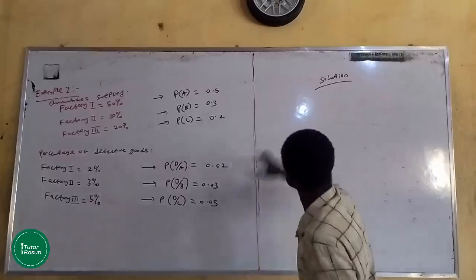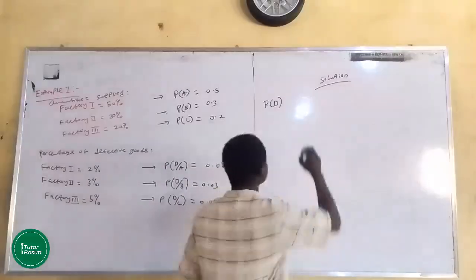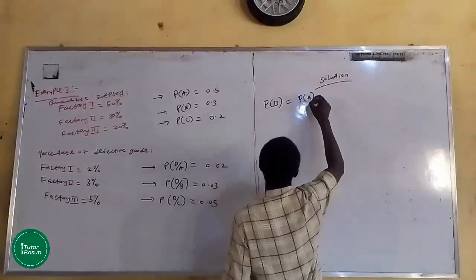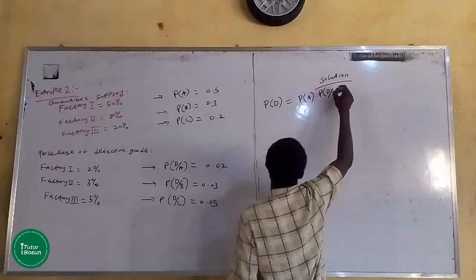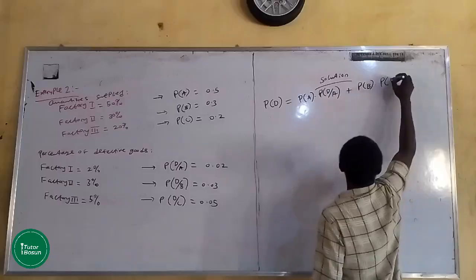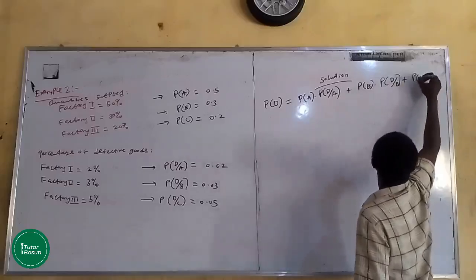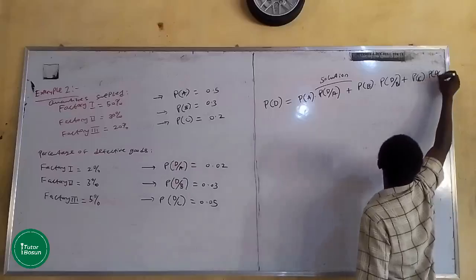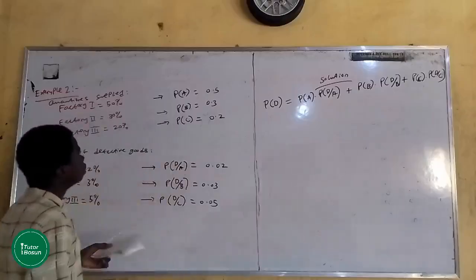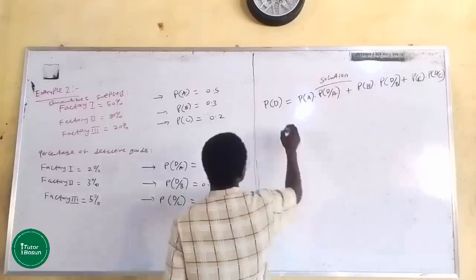So to determine our total probability of D, remember our formula for total probability: the probability of A times the probability of D given A, plus the probability of B times the probability of D given B, plus the probability of C times the probability of D given C. We know the probabilities already, and we already know our conditional probabilities. So we can apply our formula.